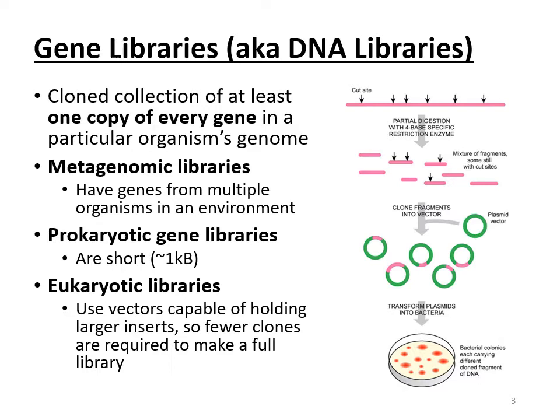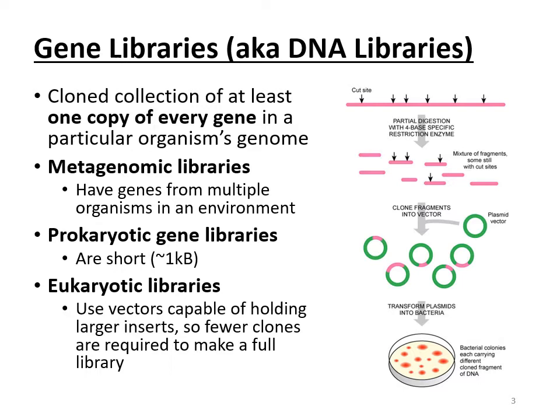They have prokaryotic gene libraries, which are, for instance, bacterial. They also have eukaryotic libraries. So these will have a lot of times yeast genes, or even you can do this with whichever organism you want. But basically the premise is the same, that the final plate will have the whole library represented.